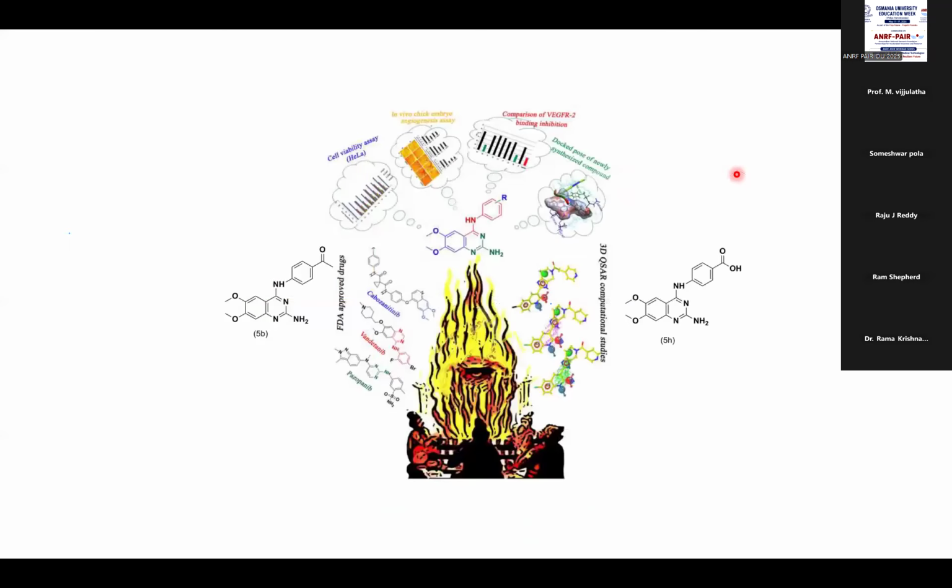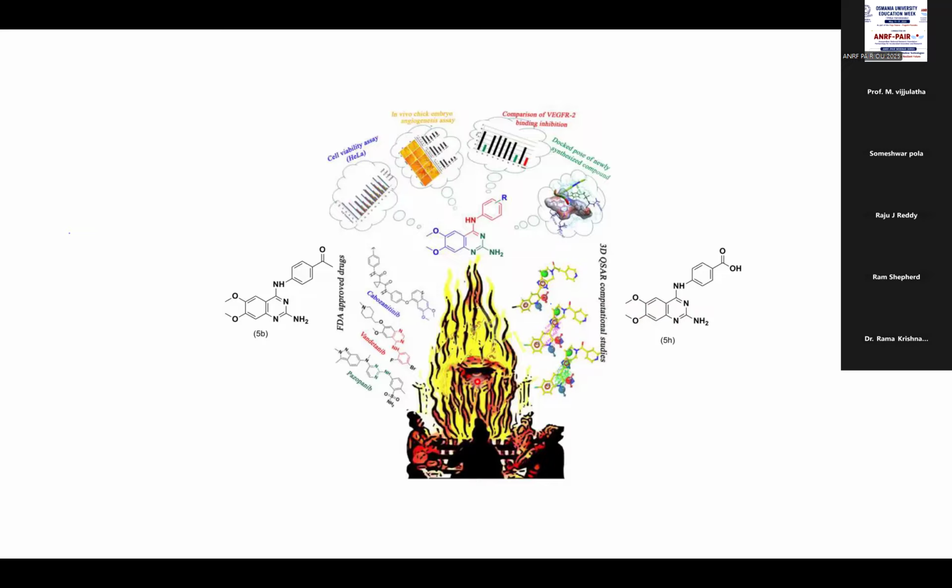anti-cancer activity. So this is one of the strategies which we have used, where we took 3D quantitative analysis, and then took all the FDA approved drugs, tried to design our own molecule based on the already existing drug molecules, and then went for docking, and then checked the binding inhibition with VEGFR2, in vitro chick embryo angiogenesis, and cell viability assays.